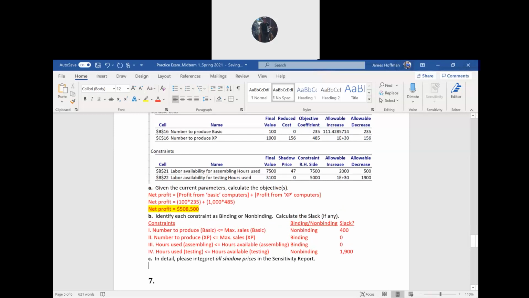Okay, and last thing is part C, interpret the shadow prices in the sensitivity report. So you have one for the testing hours and one for the assembling hours. So you just got to interpret this 47 and this 0, and then you're done with this problem.